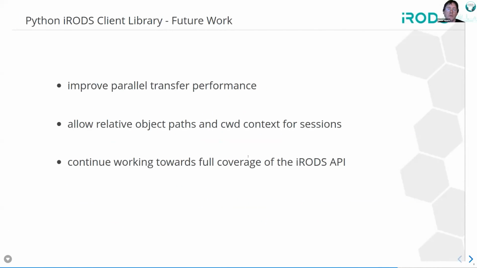So for the future, we have a couple of specific goals that stand out. First, parallel transfer, which basically opens a few threads from the client to its connected server and tries to transfer a data object to or from the server as efficiently as possible across those threads.